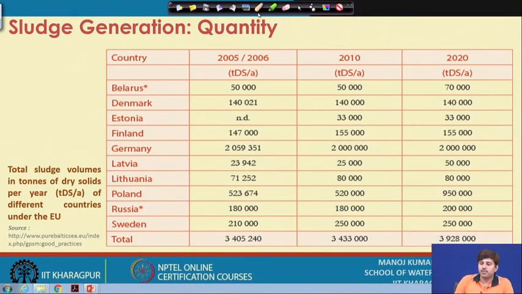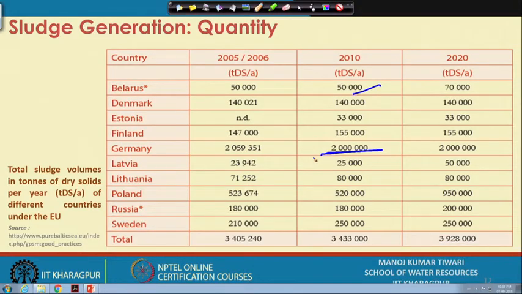In 2010, Belarus produced of the order of 50,000 tons of dry solids per year. Germany produces a huge amount of sludge, around 20 lakhs or 2 million tons of dry solids per year.